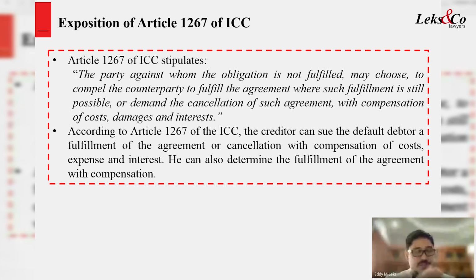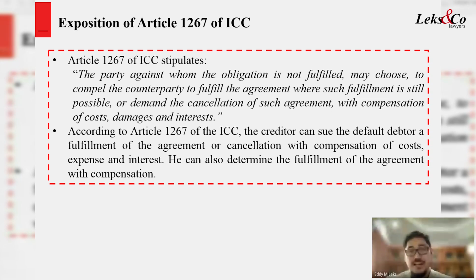So 1267 is actually good. You have the options as creditor to do what you want the debtors to. And most of the time, of course, it's always the second one. You want to cancel and you ask for compensation. That's the normal one.